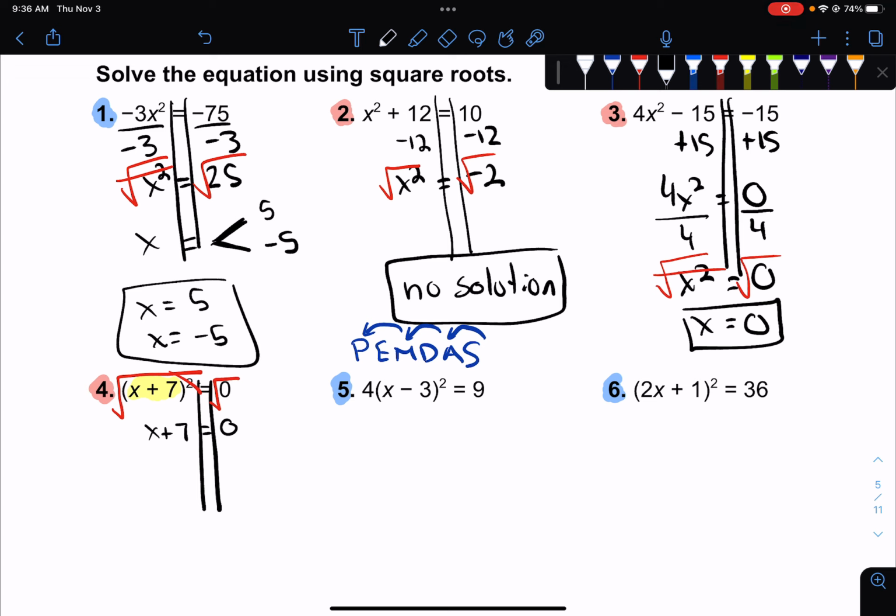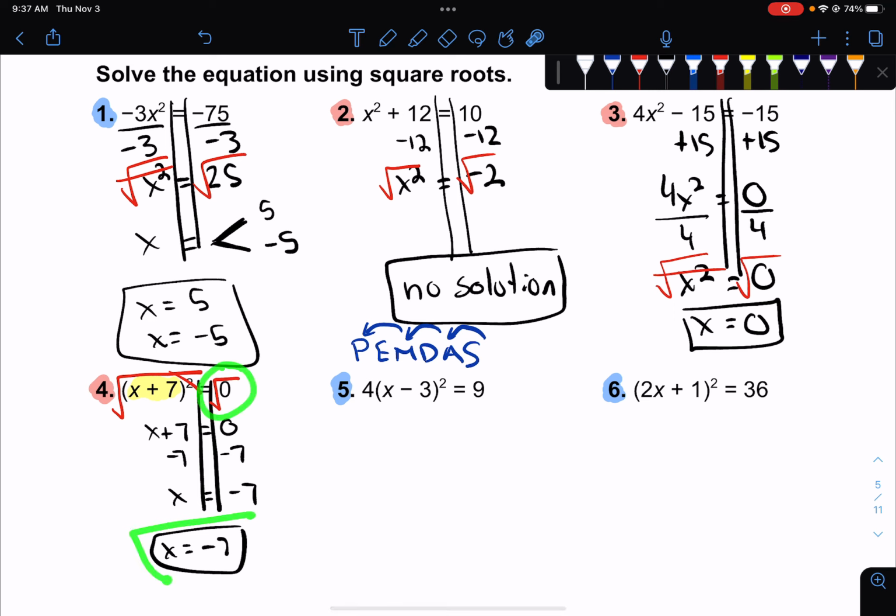So my next step would be to minus 7. Whoops, that's a 7. Minus 7, x equals negative 7, which matches our pattern. I took the square root of 0, right? That means I should only end up with one answer, and I did. X equals negative 7.